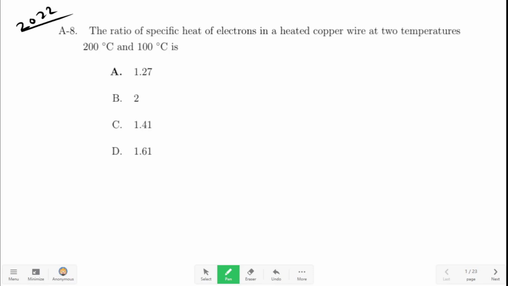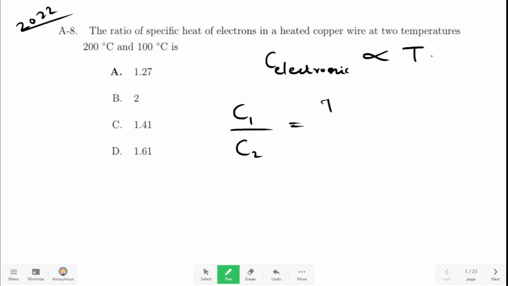We know that the electronic specific heat is directly proportional to temperature. C electronic is proportional to T. Therefore, C1 divided by C2 is equal to T1 divided by T2, which is equal to 200 plus 273.